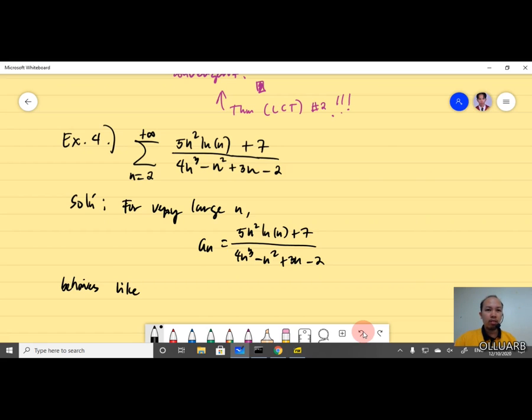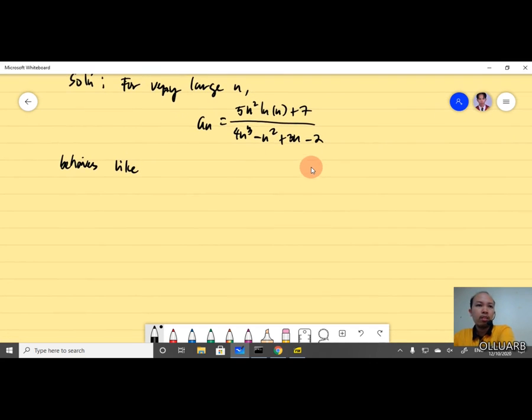So in the numerator, since we have two terms and the highest exponent is n squared, we have to eliminate the term plus 7. In the denominator, we have to eliminate the smaller ones, the degree 2, 1, and the degree 0. So it will behave like this one.